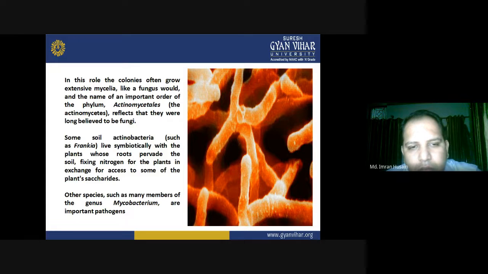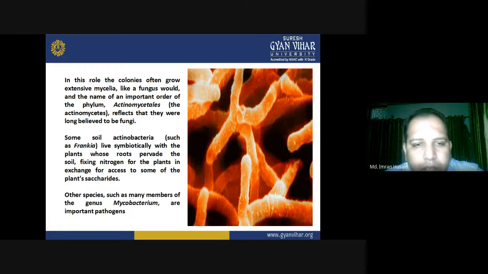Some soil actinobacteria, such as Frankia, live symbiotically with plants whose roots pervade the soil, fixing nitrogen for the plants in exchange for access to some of the plant saccharides.